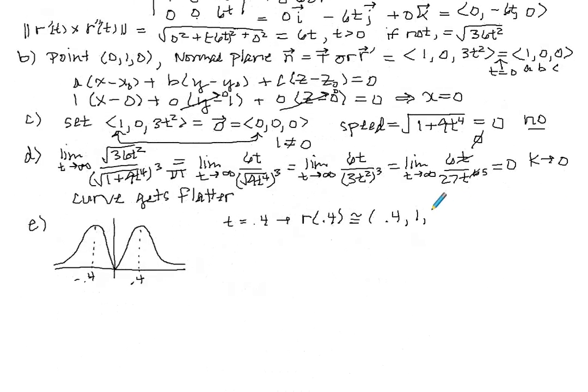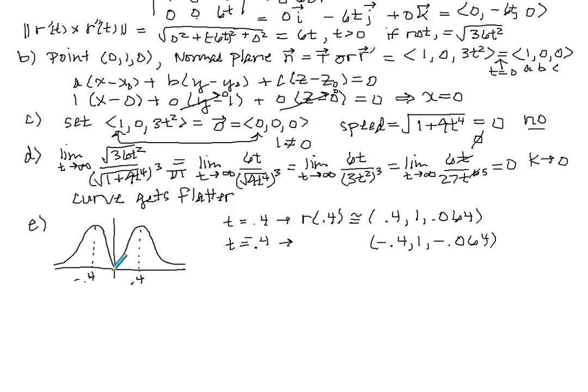So 0.4 cubed, which is 0.064. And then at t equals negative 0.4, do the same thing. You'll get negative 0.4, 1, and then negative 0.4 cubed is negative 0.064. So these are the 2 points where the curve is tightest.